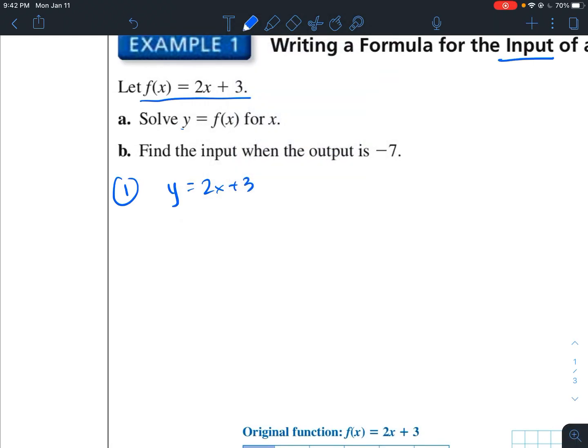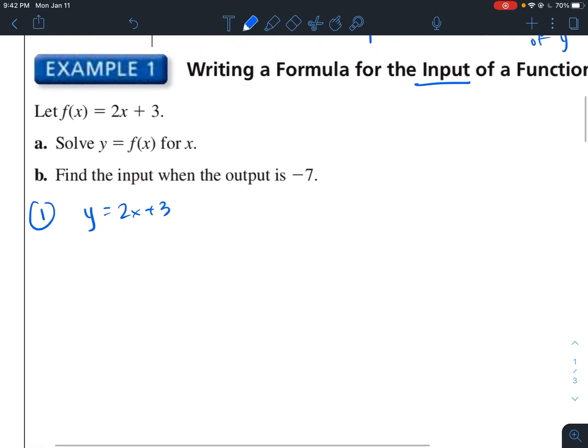Now we want to solve this equation, so we're going to solve y equals f of x for x. This is an equation for the outputs. We want to find an equation or a formula for the inputs. So let's give that a go.